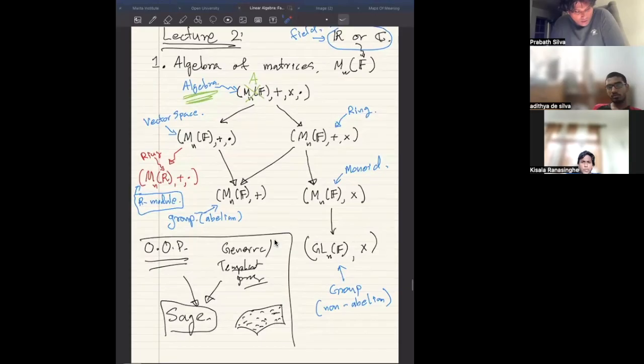Now let's go in here. So now we know about matrix multiplication. Let's go back and look at the row reduction. Let's have a look at what happened in detail.